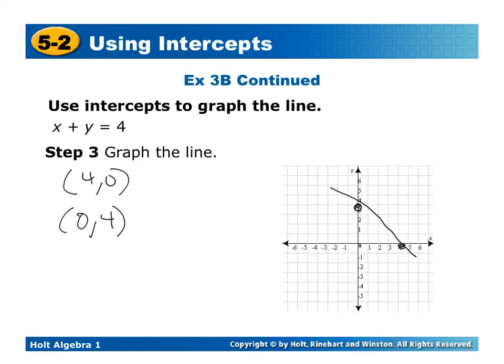Draw our line. Hopefully you're doing that with a ruler, so your line is a little bit straighter than mine was. And go ahead and draw our arrows at the end.